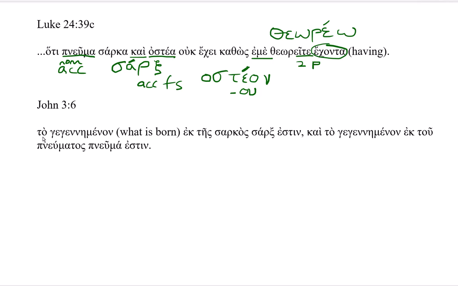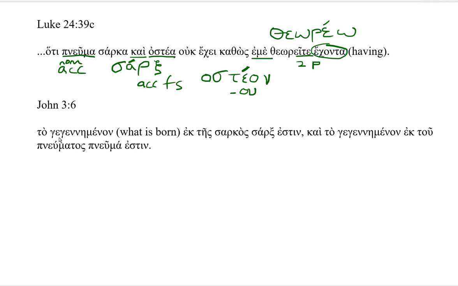So we'll read it. To gegennemenon ek tes sarkos sarx estin kai to gegennemenon ek tou pneumatos pneuma estin. So we have this participle here.